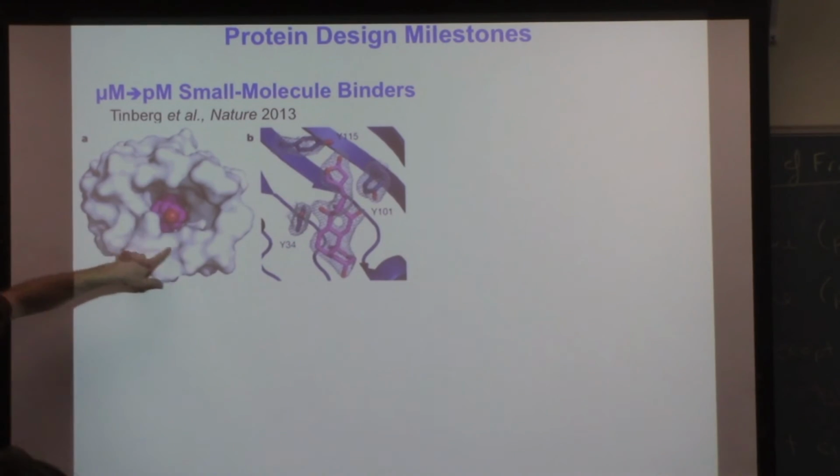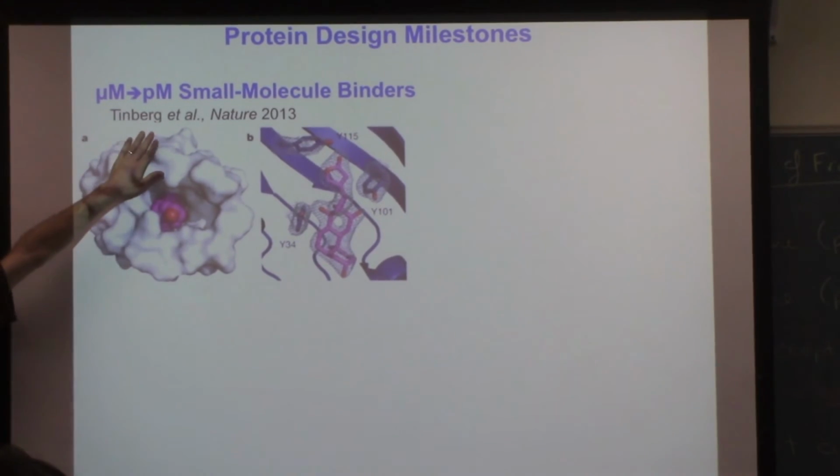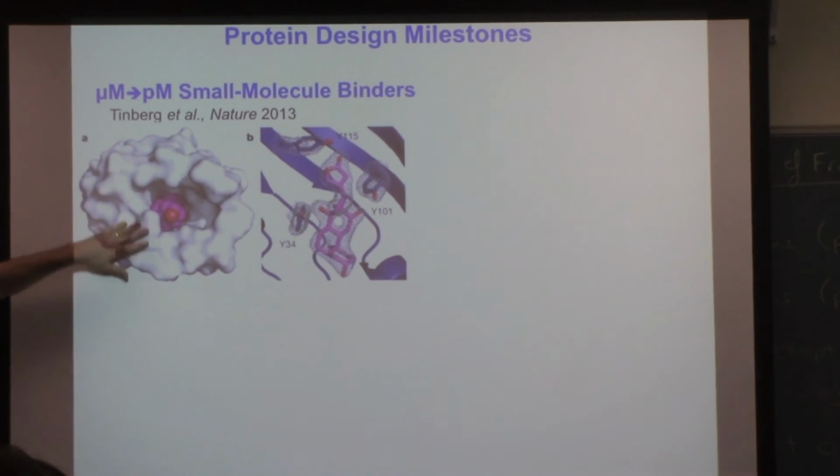She made a pocket, put a small molecule in there, and shaped the pocket by redesigning the side chains and stabilizing the fold around it, and she got micromolar binders out of the computer. A common strategy today is to get a starter out of the computer and then use evolution to evolve something stronger. So from that, they were able to get picomolar binders through experimental selection techniques.